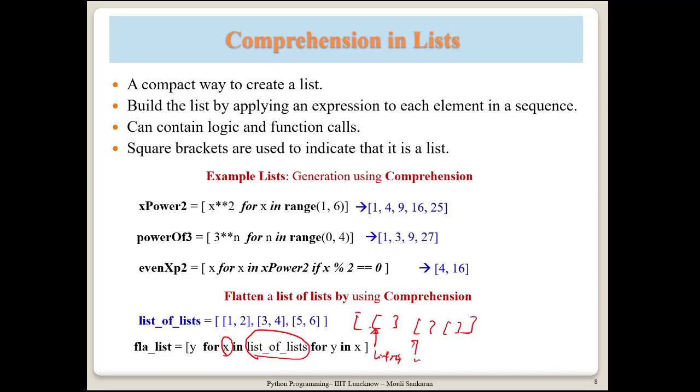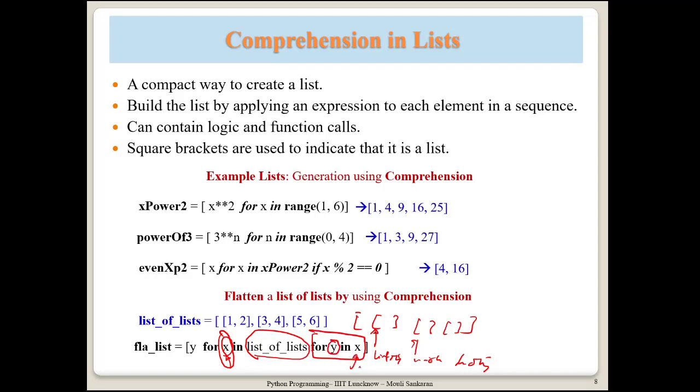This list will have only 3 elements, all of them being list objects, and this X will be a list object. So you pick this list object and then do another for loop to get the elements in it.